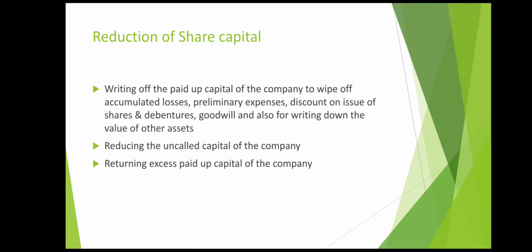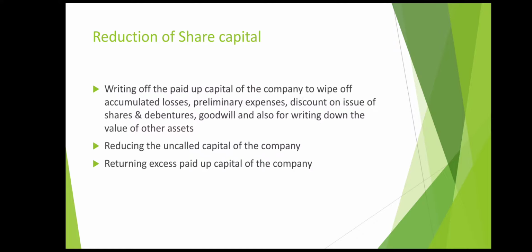So the amount which is foregone by the shareholders will be utilized for writing off the losses and other expenses of the company so that you can show better financial position of the company.